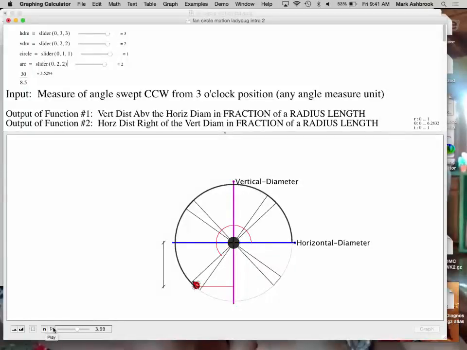Without your calculator, estimate the angle, estimate the input in radians. So estimate three things: the input in radians, just eyeballing based on your understanding of it, and then the output of function number 1 and the output of function number 2.